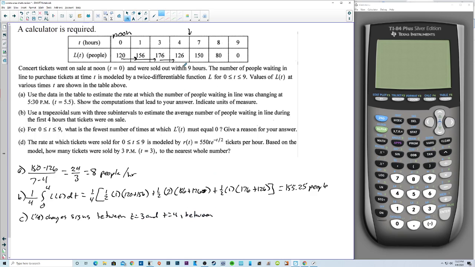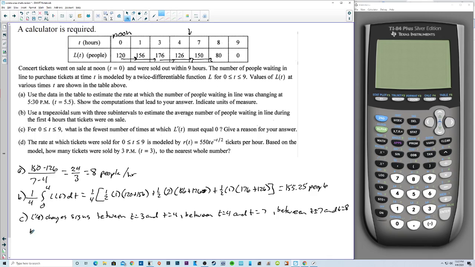Between, now we're, let's see, decrease went right back to increasing. T equals 4 and t equals 7. And we can say between, I think there's one more. 126 to 150 is increasing and then back down to 80. So between t equals 7 and t equals 8.